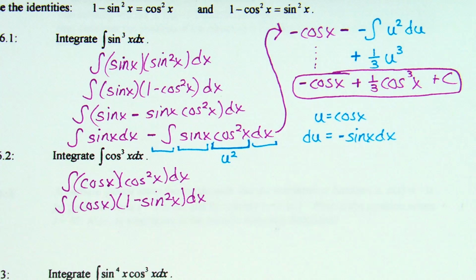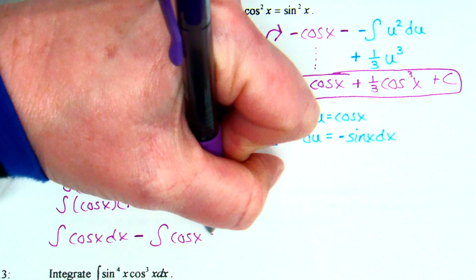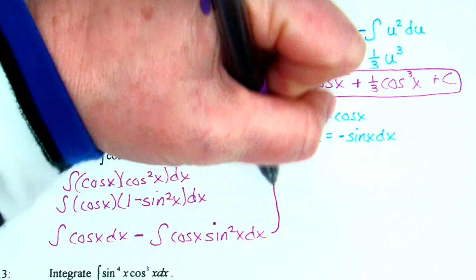So cosine x times 1 is going to be the integral of cosine x dx minus the integral of cosine x sine squared x dx.